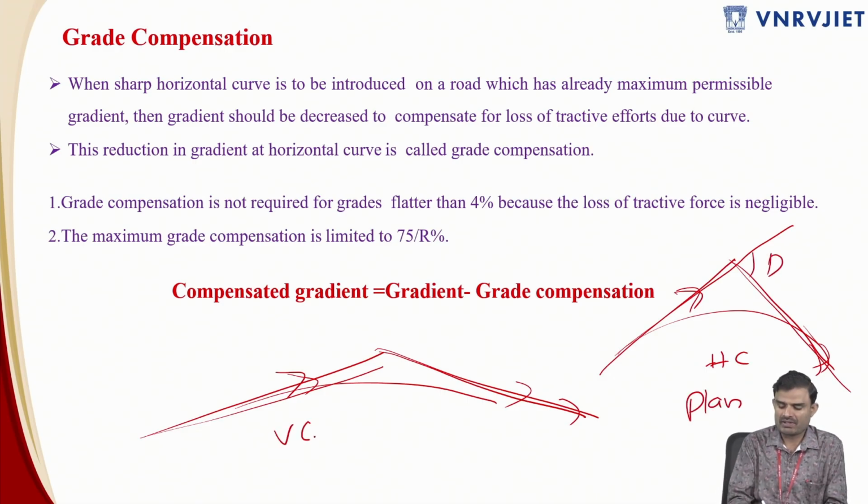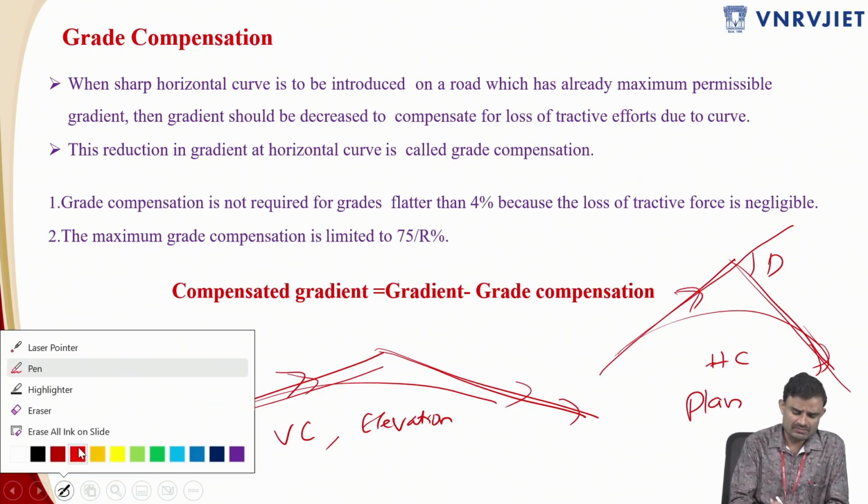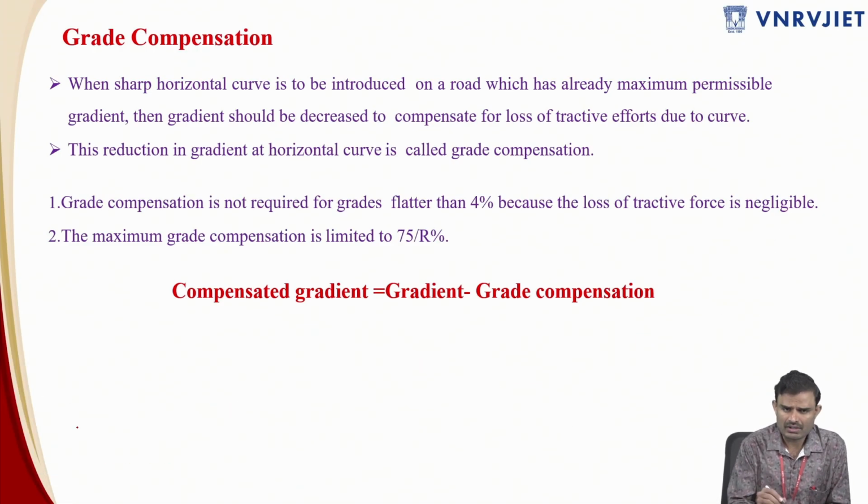But this is a vertical curve, and this you can see in elevation. That is the difference between horizontal curve and vertical curve. And there should be some compensation provided for gradient in some circumstances. Let us look into that.